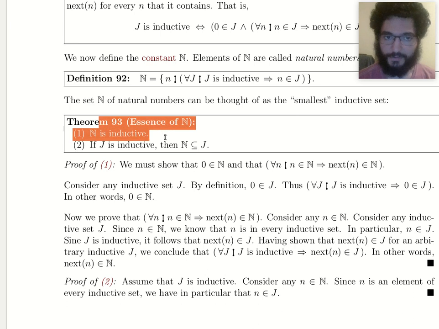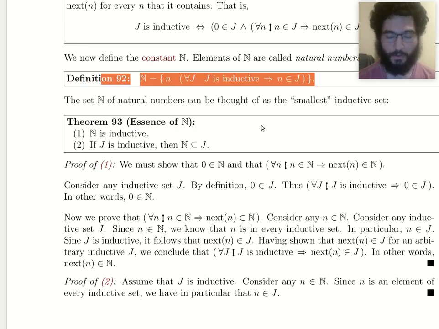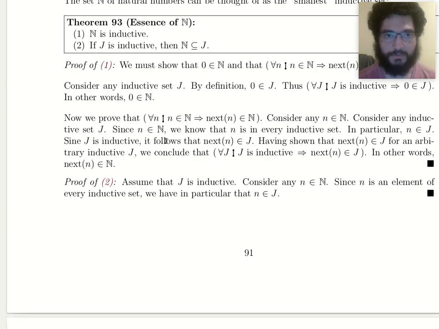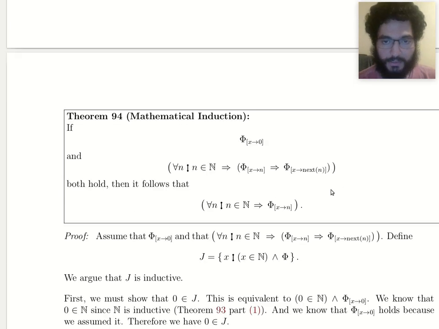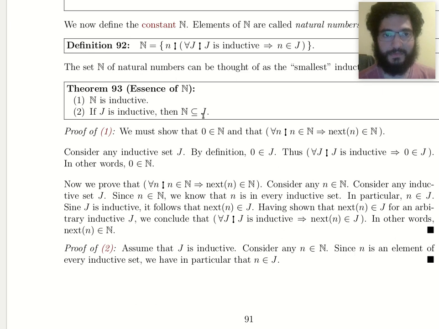Pretty much, you'll almost never use theorem 93 or definition 92. You'll almost always instead use theorem 94, which has sort of used these for you. So just in case you missed that point, when you use theorem 94, in those moments you can appreciate the way natural numbers are defined, since it relies on that.